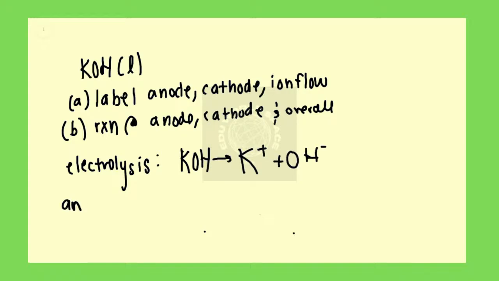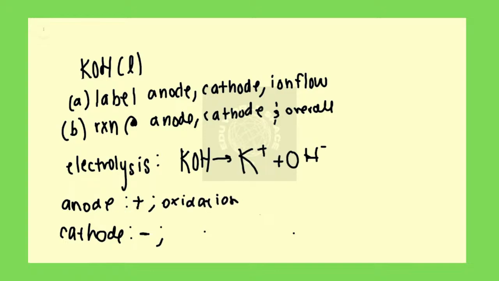If we look at what the anode and cathode are in the next steps, typically in our voltaic cell equations, we noted the anode as negative and the cathode as positive. However, in this case, our cathode will be negative and our anode will be positive. Additionally, at the anode we're going to have oxidation, and at the cathode we will have reduction occurring.